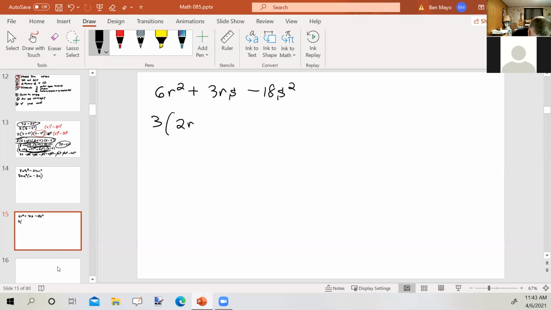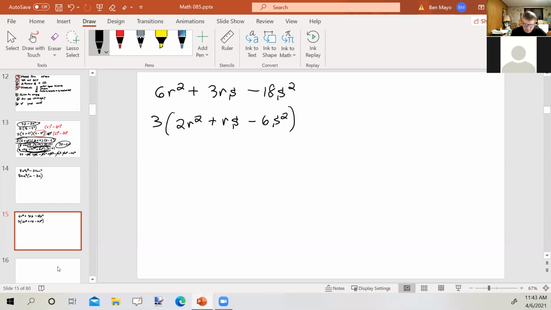So then I've got 2r squared plus 1rs minus 6s squared. Now it's a trinomial. It's not a perfect square. It doesn't have a leading coefficient of 1. So we're either going to use grouping or trial and check. What do you want me to do? You want me to use grouping or the trial and check method?